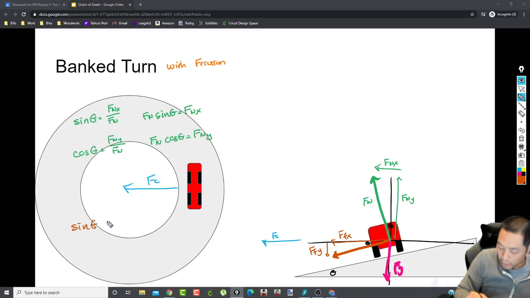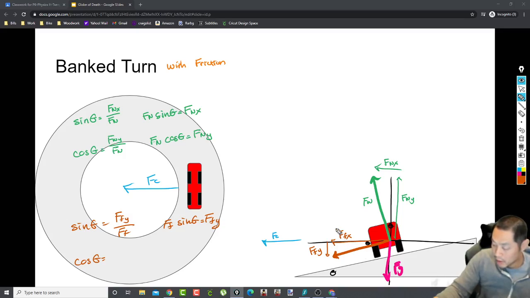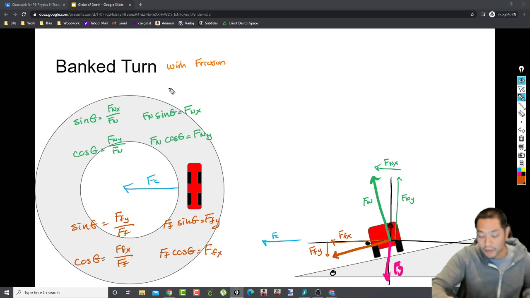So opposite is force of friction y, and then the last one is cosine. So I'm doing this ahead of my work just because I know I'm going to use them all. Force of friction x. All right, so I have all my identities here.